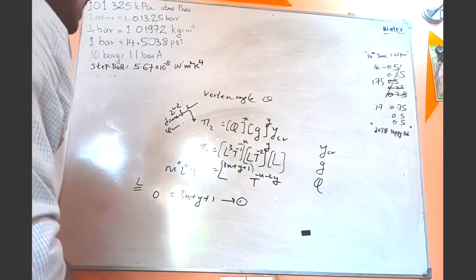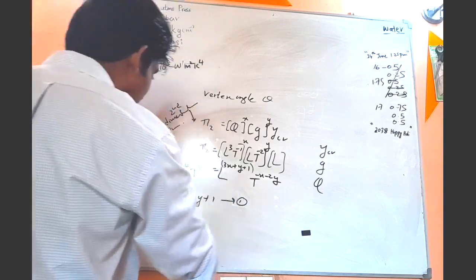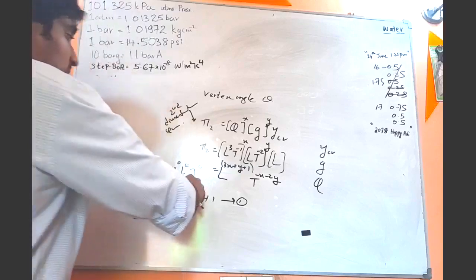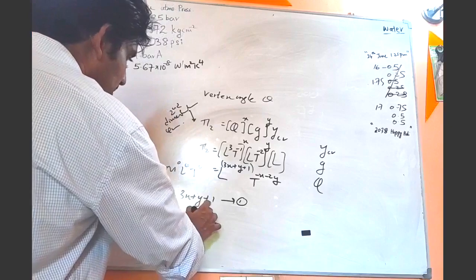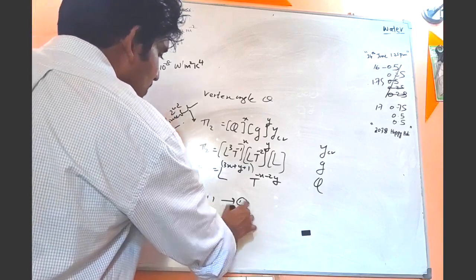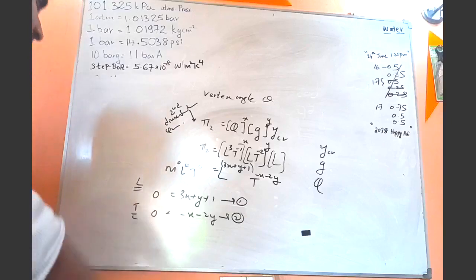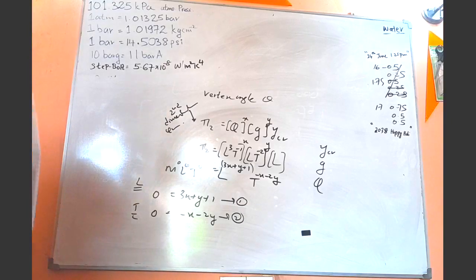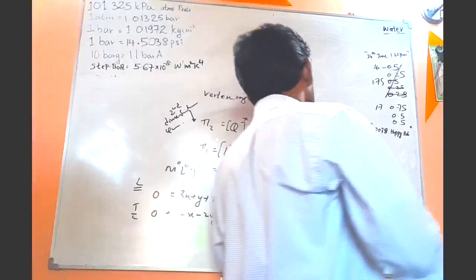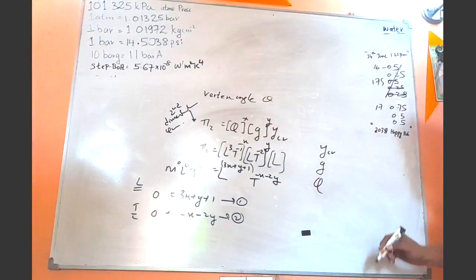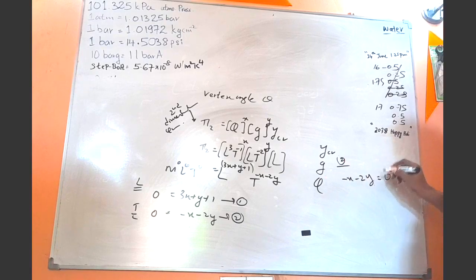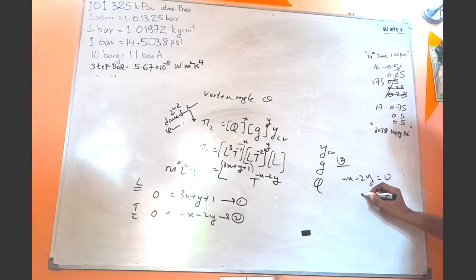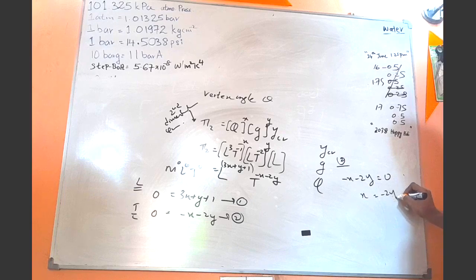Agree? Then considering the dimensions of time, here also we have 0 equals minus x minus 2y. This is equation number 2. So let's solve this. Very easy simplifications. Considering equation number 2, minus x minus 2y equals 0, that means x equals minus 2y.